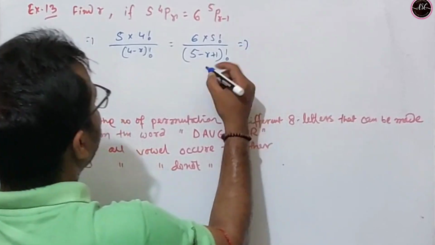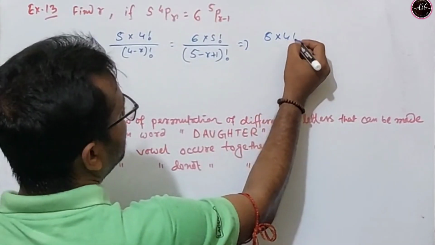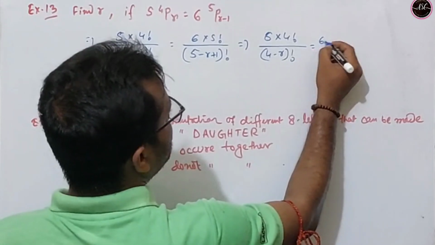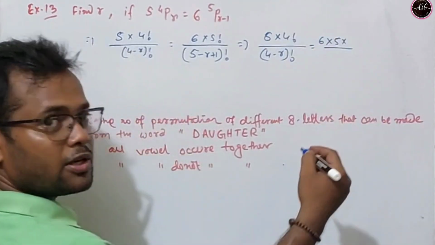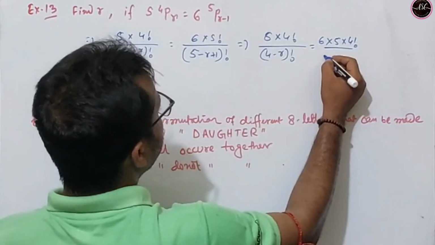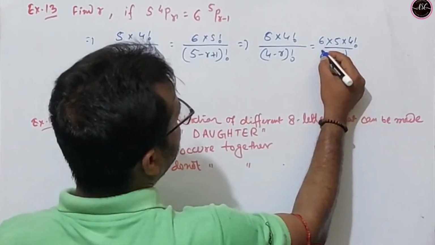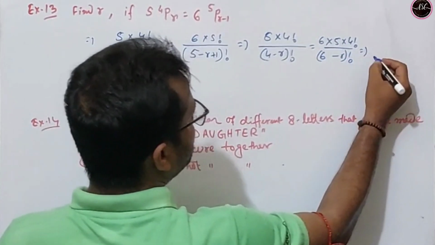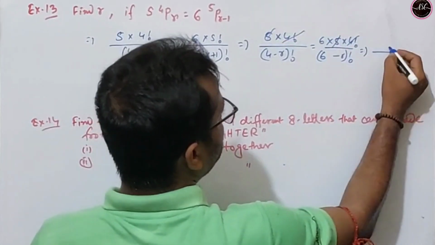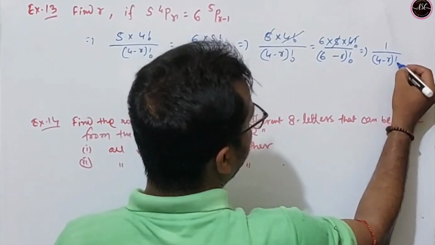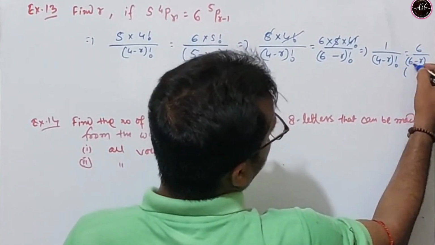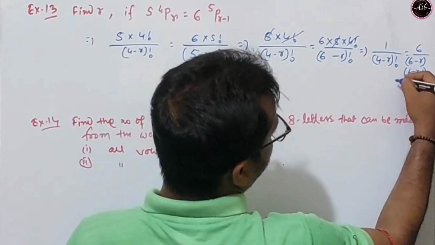This implies 5 into 4 factorial over (4 minus r) factorial equals 6 into 5 into 4 factorial over (6 minus r) factorial. The 4 factorial and 5 will be cancelled out, so 1 over (4 minus r) factorial equals 6 over (6 minus r) into (5 minus r) factorial.